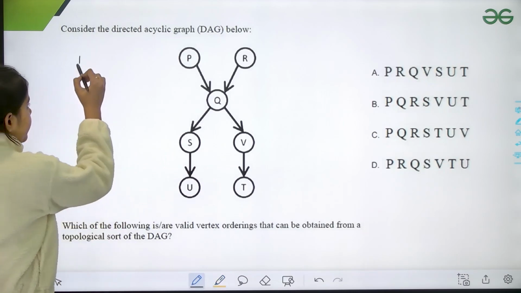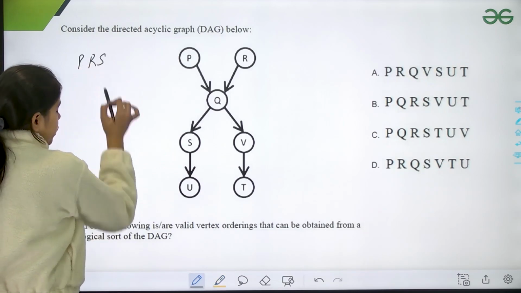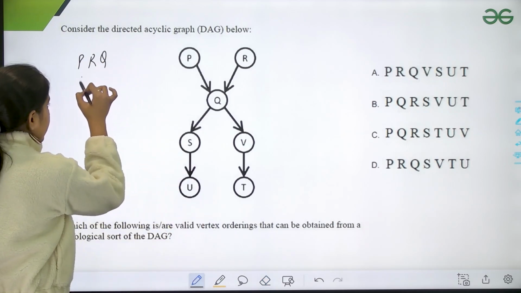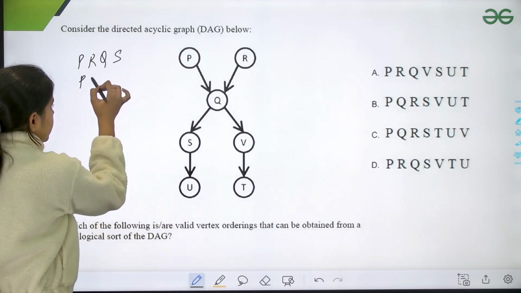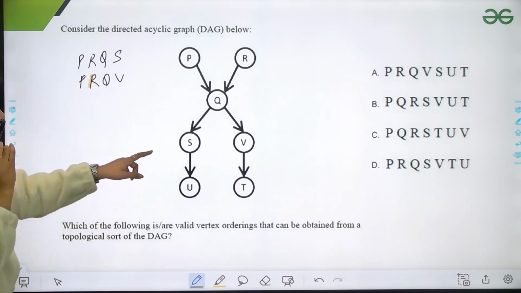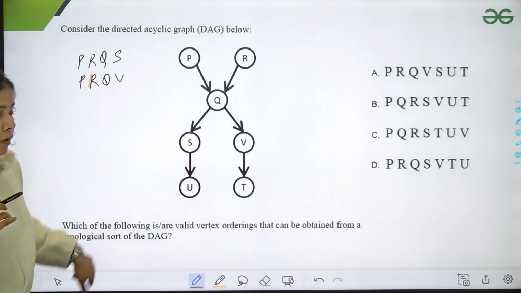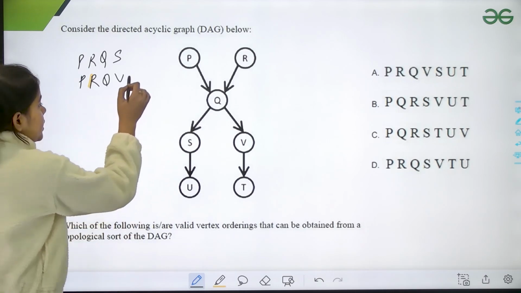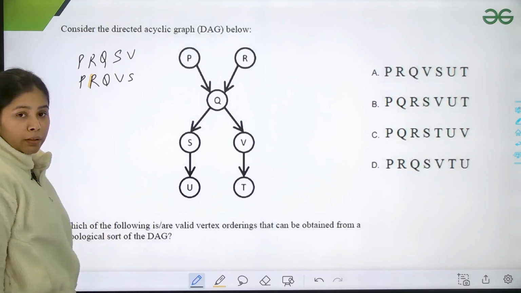So that means P, R, Q, and I can move from Q to S, and I can move from P, R, Q to V, right? Then for U or T, from V I have to move to S, and from S I have to move to V, right?